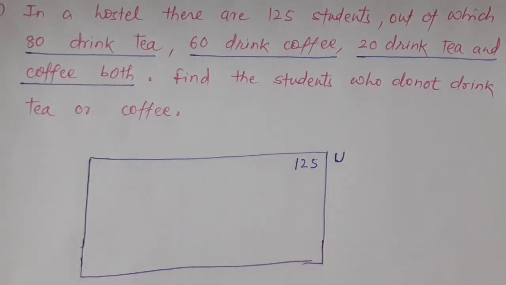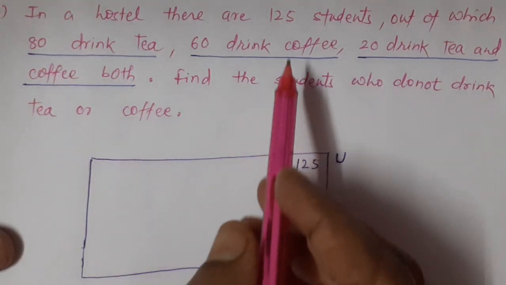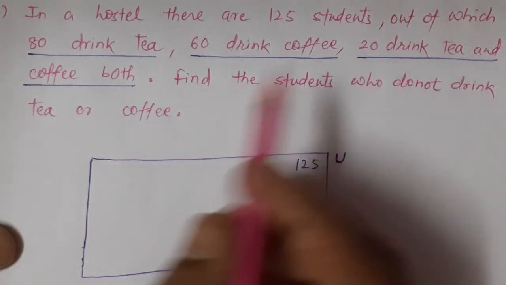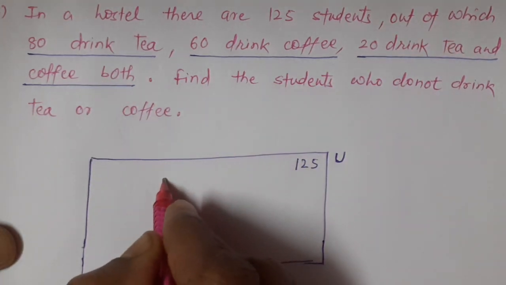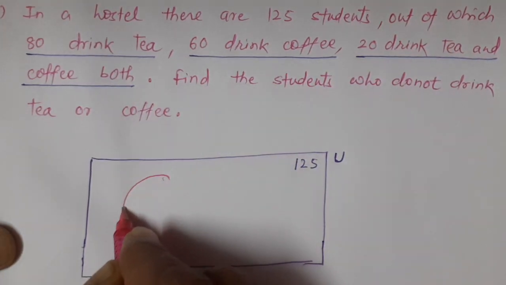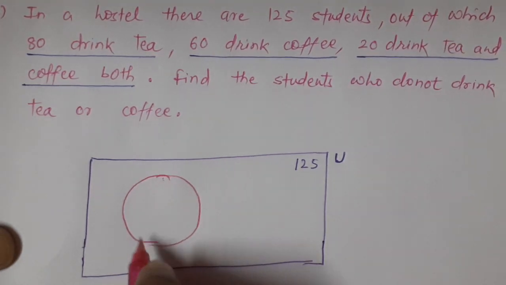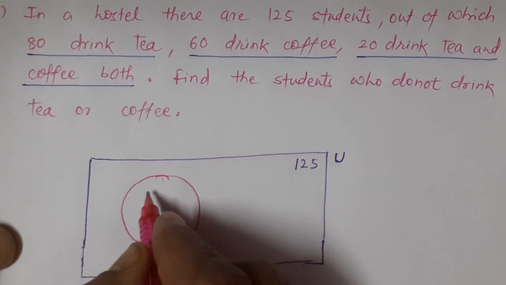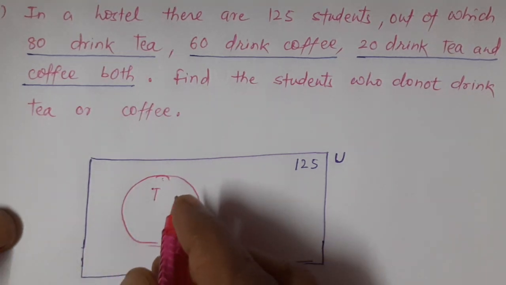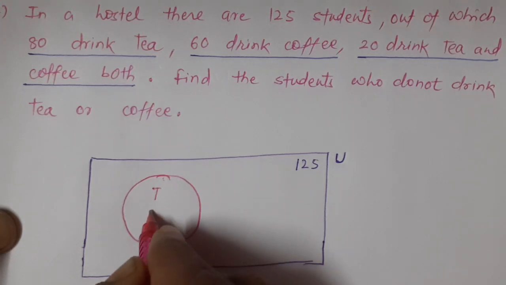This is the universal set, and out of those 125 students, 80 drink tea. So I am drawing this as the set of students who drink tea, and the quantity of that is 80 students.